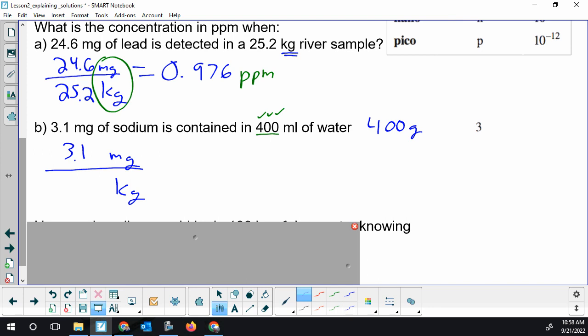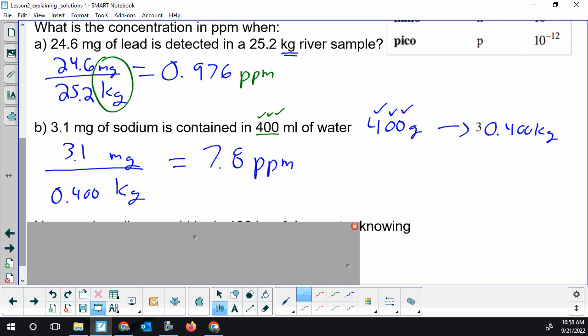So when you divide by 1,000, you get 0.400 kilograms, and I'm telling you those end zeros are significant. They were measured. If I didn't tell you, you'd probably think that's just one sig fig. So we have our kilograms, so now we're all set. Grab your calculator, do the division. The solute only has 2 sig figs, so I'm going to go 7.8 and replace our units with parts in a million or parts per million.